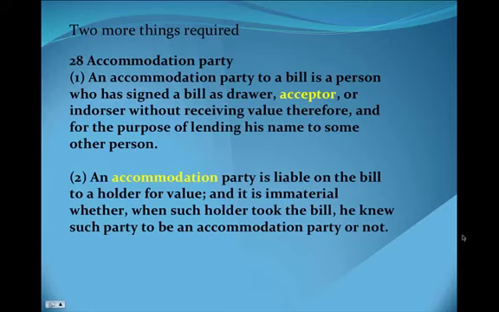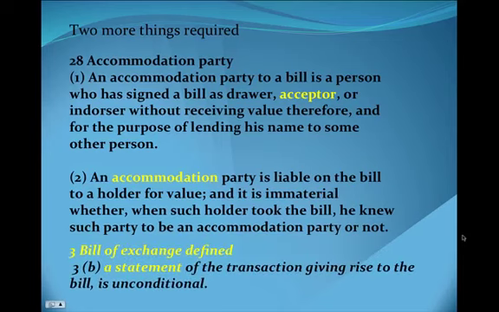That's our straw man. 2, an accommodation party. All right, so now we know we're acceptor and we're doing it by accommodation. An accommodation party is liable on the bill to a holder for value, and it is immaterial whether, when such holder took the bill, he knew such party to be an accommodation party or not. Okay, so we're going to be doing it by accommodation.